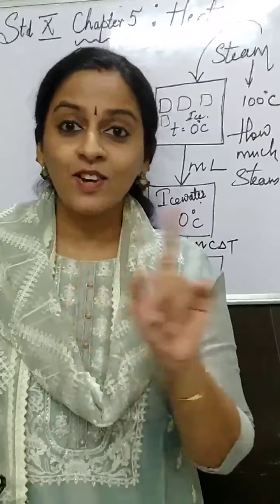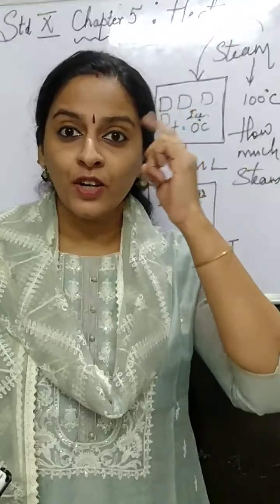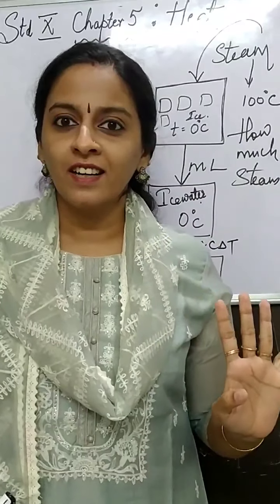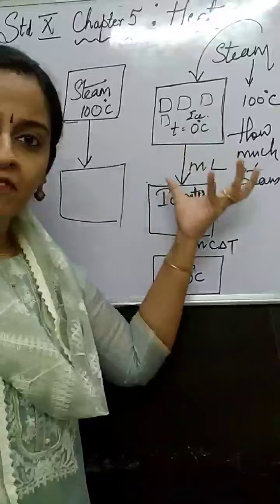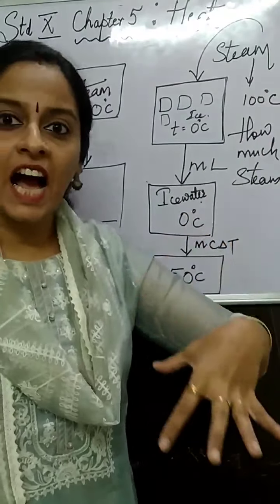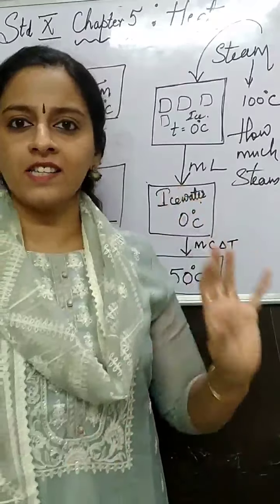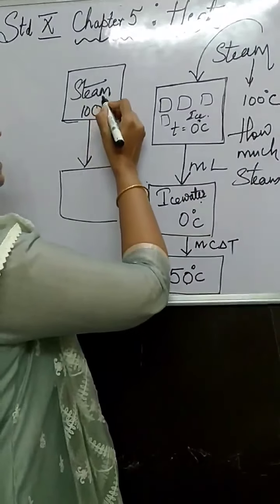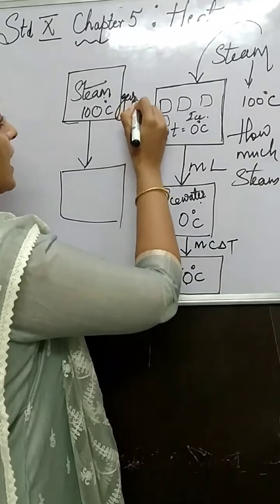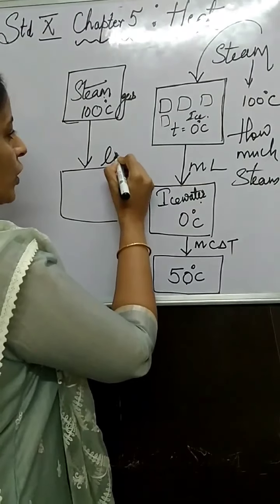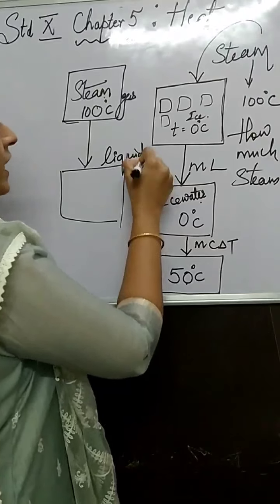That is not given in the question. That is your knowledge. That's why we learnt about condensation. When the vapor comes in contact with the ice, some vapor will undergo condensation. That means the steam which is in gaseous state will be converted to water which is in liquid state.